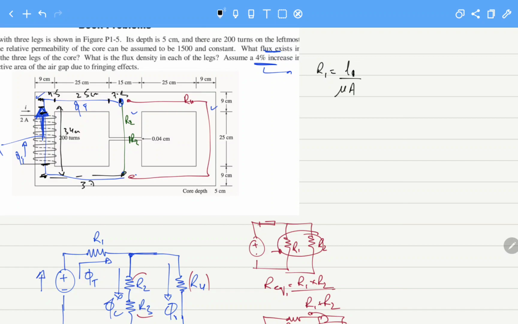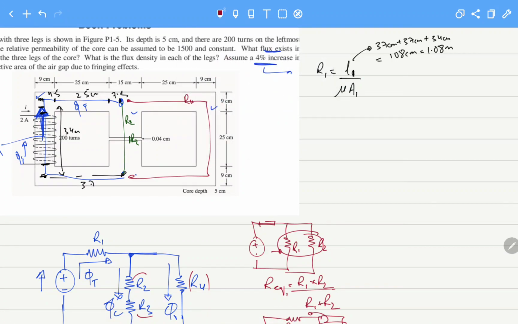over mu over A1, this length will be, then easily we can say it is 37 centimeter top side plus 37 centimeter bottom side plus left side's length is 34 centimeter. So this will become 108 centimeters, that is equal to 1.08 meters.